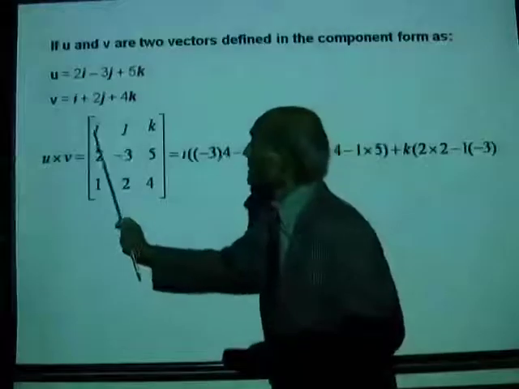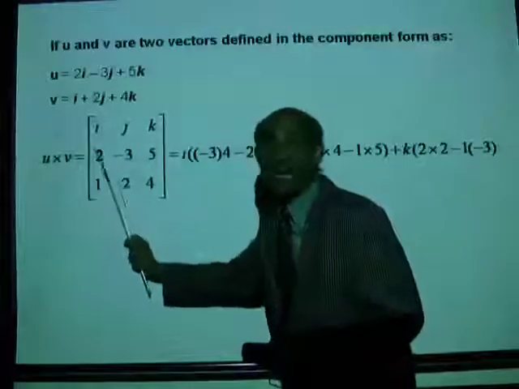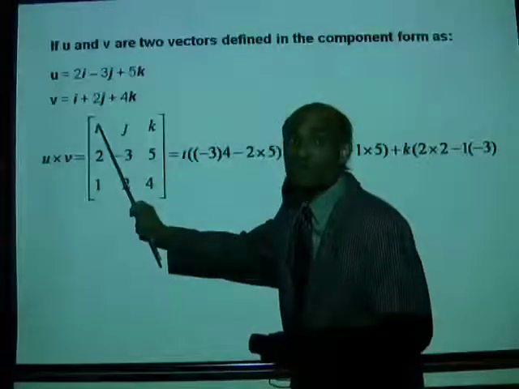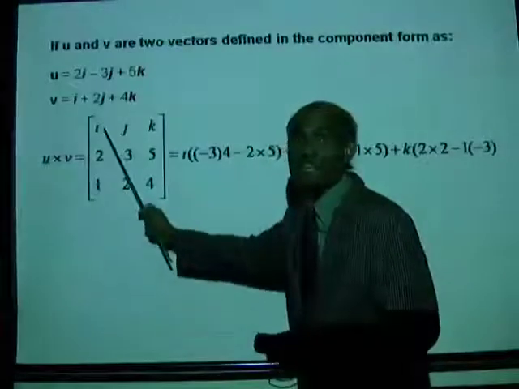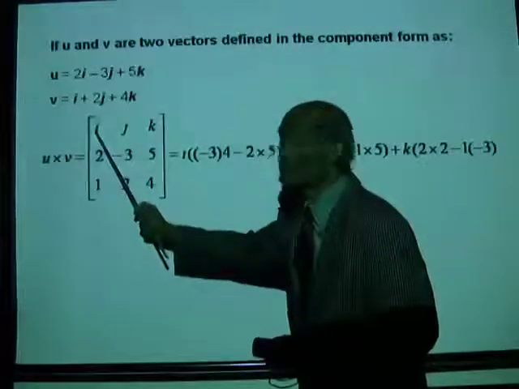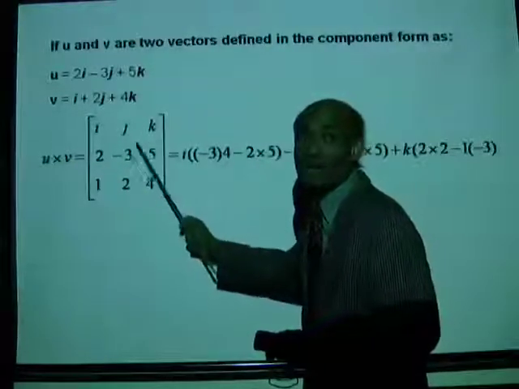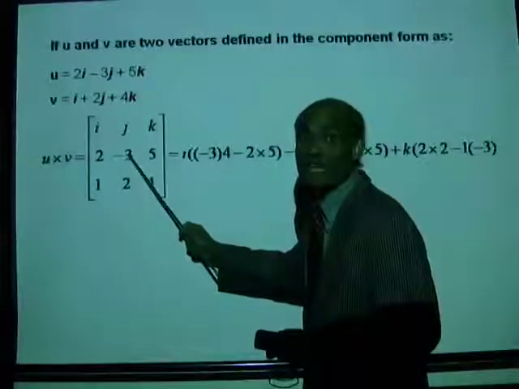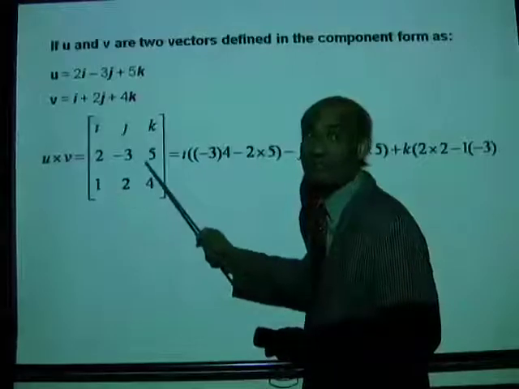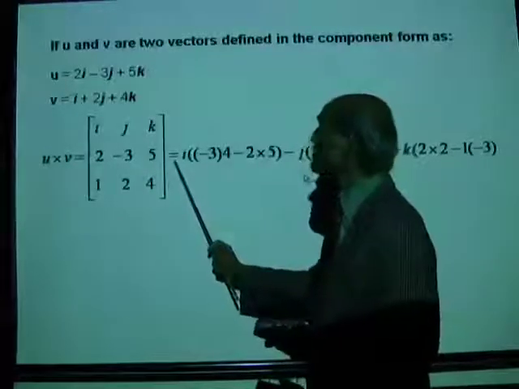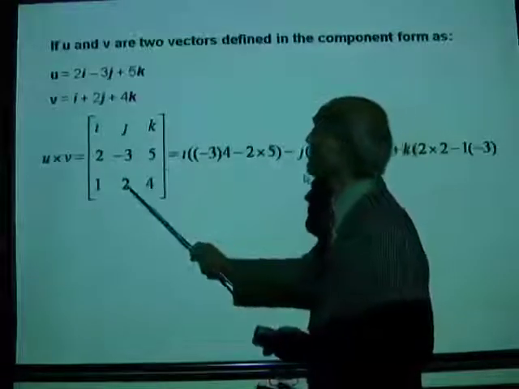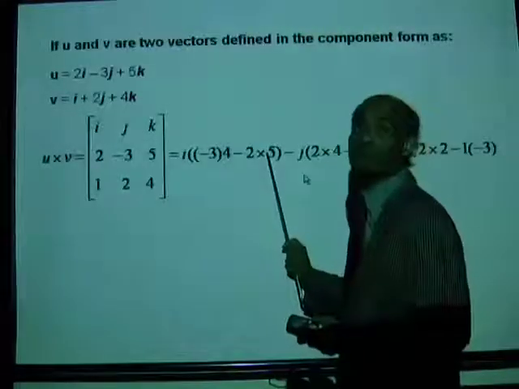Now, the cross product has an x component. To find the x component, what do we do? Cross out the column and row containing i, and do like this: negative 3 times 4 minus 2 times 5. So the x component will be i times (negative 3 times 4 minus 2 times 5).